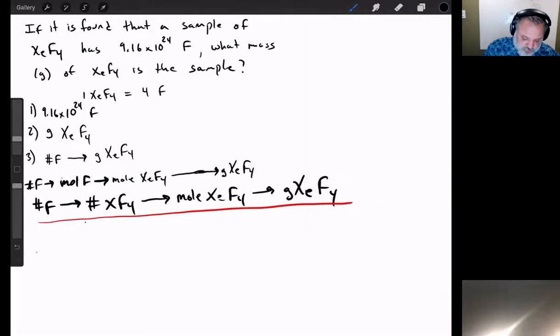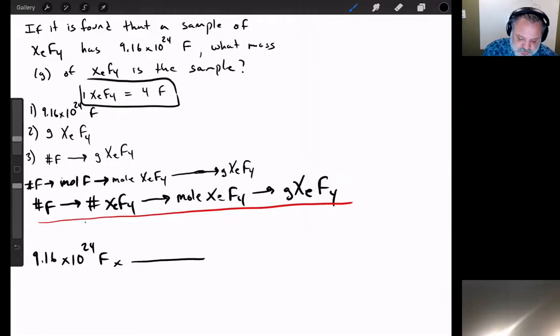So we'll start off with the number of fluorine atoms, 9.16 times 10 to the 24 fluorine atoms. That's the number of fluorine atoms. So how do I figure out the number of xenon tetrafluoride? Well, the number of xenon tetrafluoride is based on this relationship.